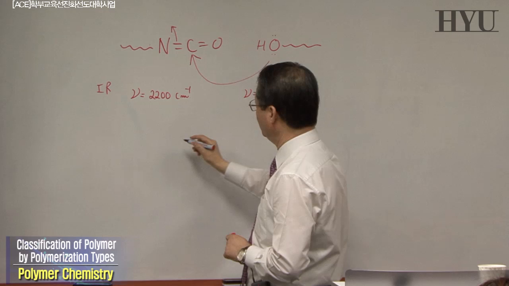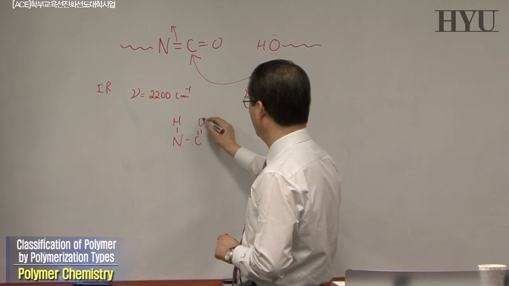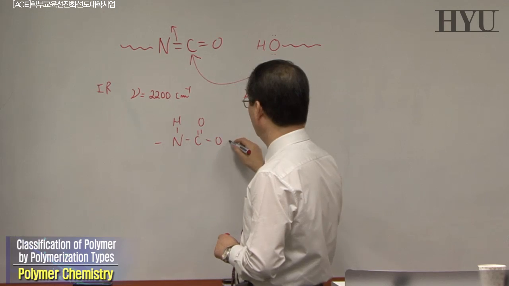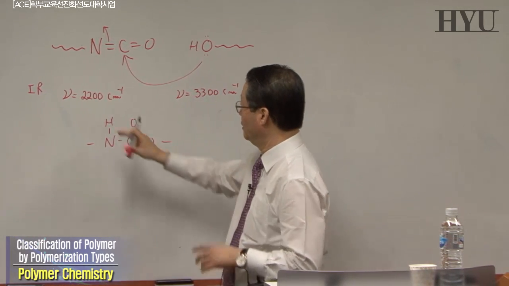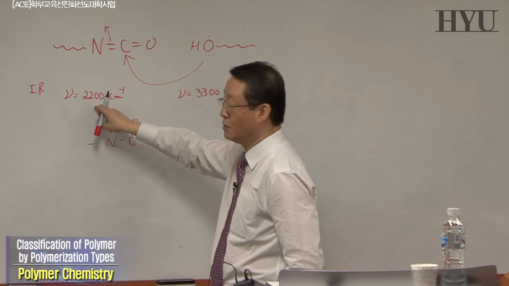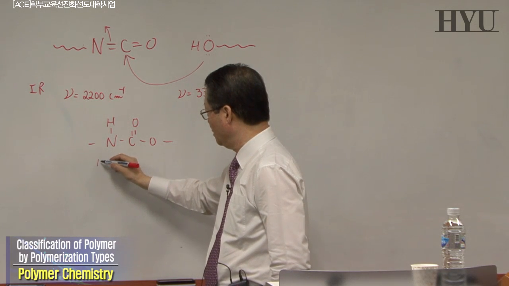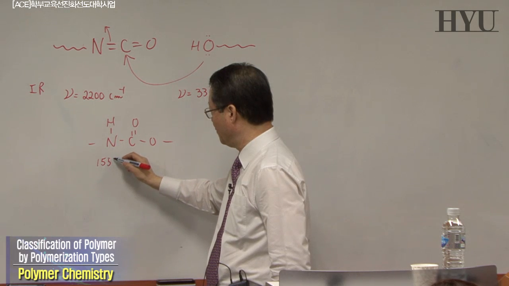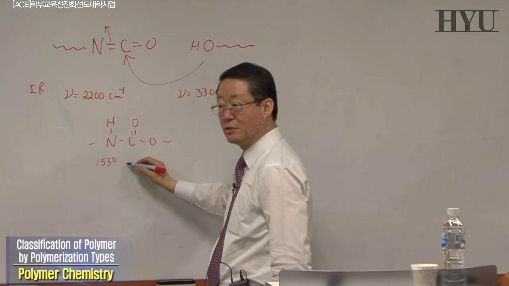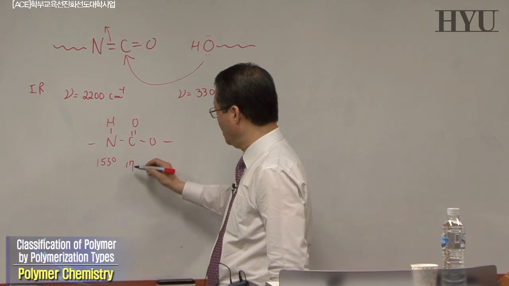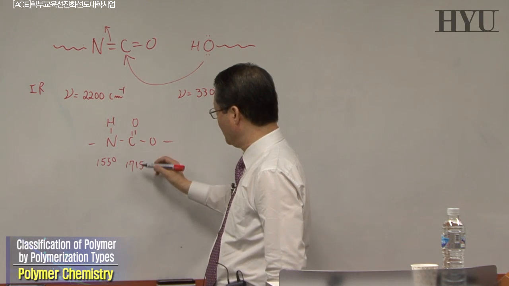But after reaction, if it becomes urethane, there is no peak in this characteristic region, but we have a peak at perhaps 1550 reciprocal centimeter, and this carbonyl appears around 1715 in this ester case.